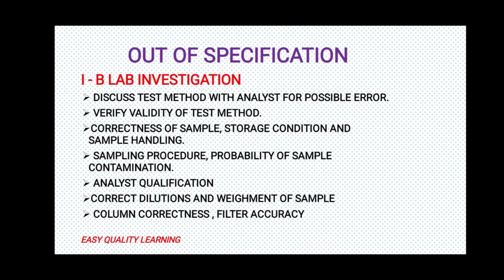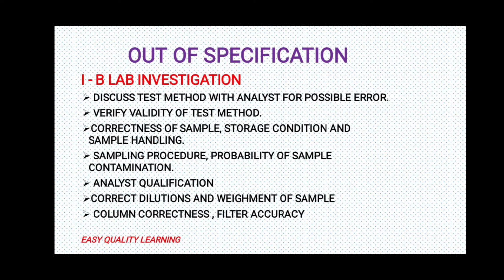We can verify those dilutions as well as the pipettes used for doing the dilutions, because many times it happens that instead of a 200 ml volumetric flask we have used 250 ml, or instead of a 20 ml volumetric flask we have used 25 ml. So, this happens many times, and it is very important to verify the correctness of the glasswares used.